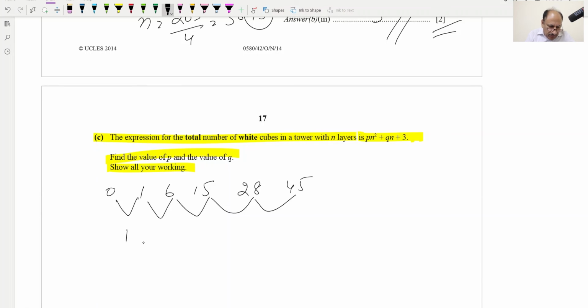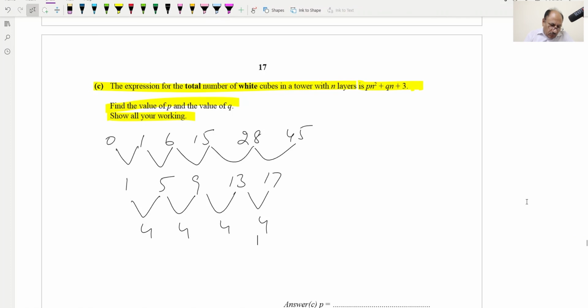Similarly, this will be 1, this will be 5, this will be 9, this will be 28 minus 13, so this will be 17, and the difference between these is 4. Second order difference is 4. Because the second order difference is the same, this is a quadratic sequence.